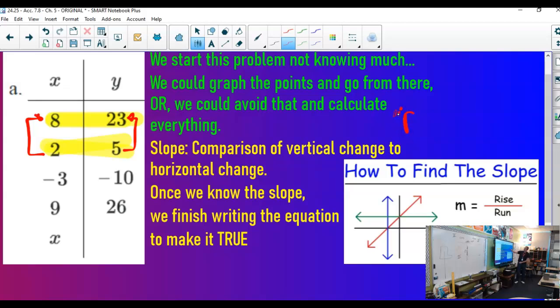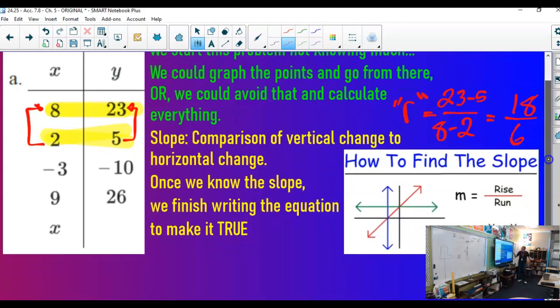That's our delta y, right? So our delta y would be 23 minus 5. Our delta x, 8 minus 2. Okay, that one we know. What's 23 minus 5? 18, right? So we get 18 over 6. What's our slope? 3.